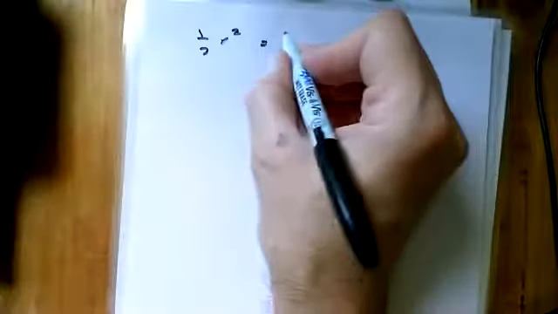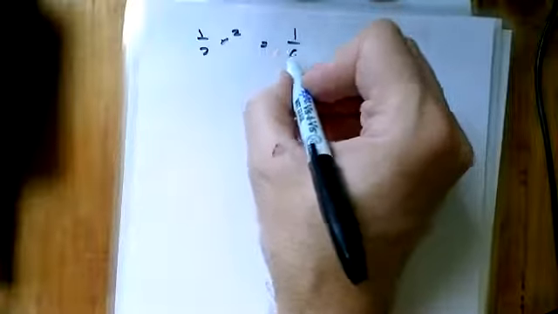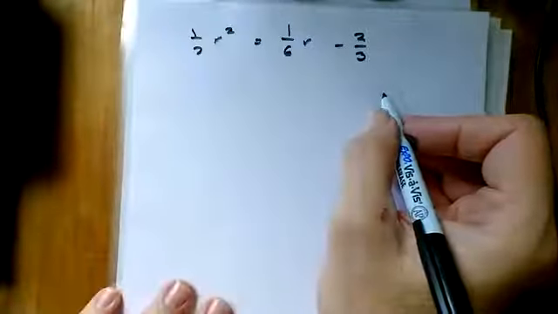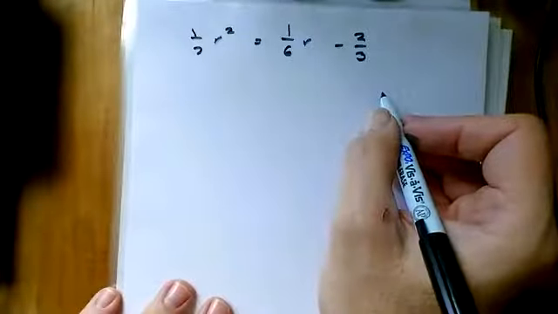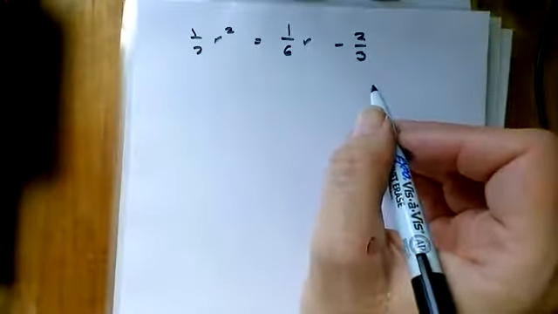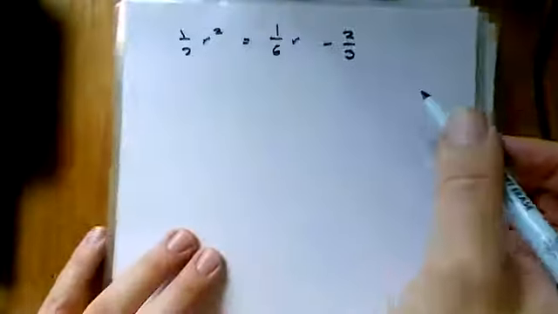How about I've got 1/2 r squared is equal to 1 over 6r minus 2/3. That looks dreadful, doesn't it? Well, what we're going to do is I'm just going to go through and multiply through by our common denominator.